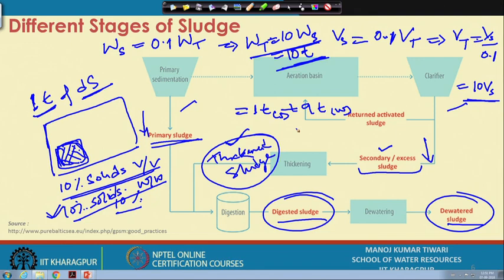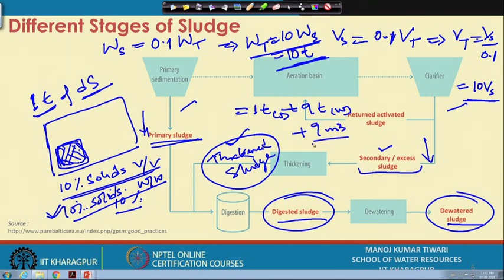This way you can know the volume of water, because we know the density of water is 1000 kg per meter cube. So, that is going to be 9 meter cube.